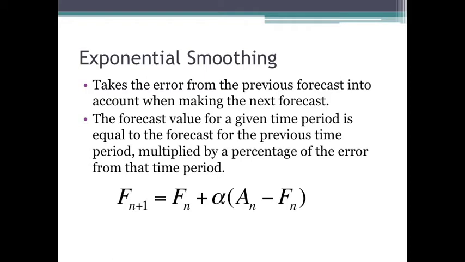So you take the forecast for one time period, you take the error of that forecast, in other words, how much was it wrong, and multiply it by some alpha, by some percentage. And this becomes our forecast for the next time period. So the forecast for the next time period will be the forecast for this time period plus this alpha adjustment, multiplied by the actual minus the forecast for that time period.